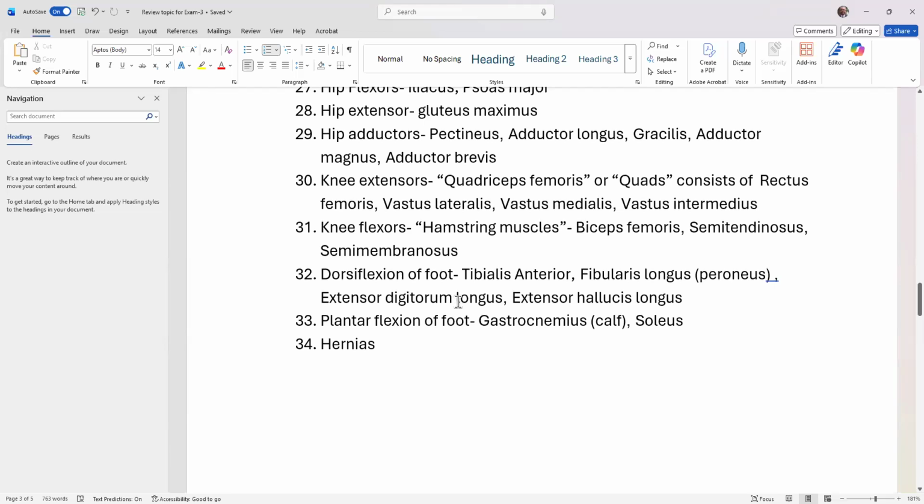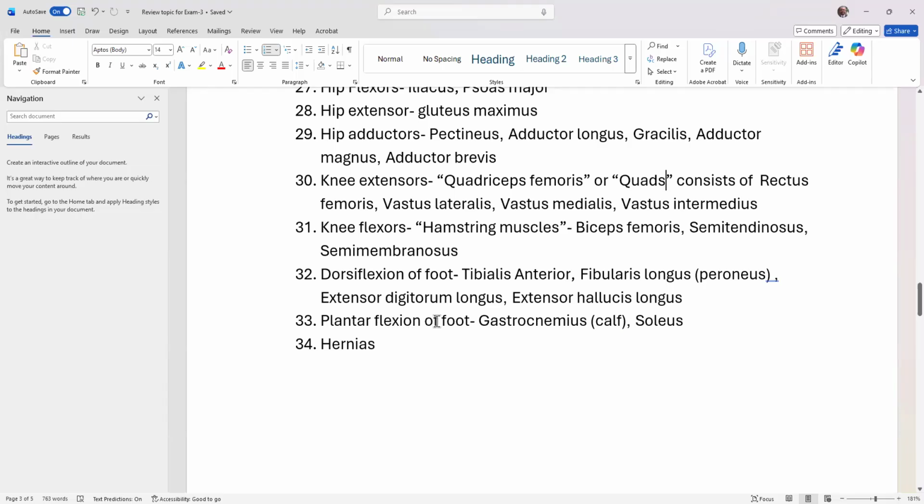You should know what is the dorsiflexion of the foot, and what is plantar flexion of the foot. The muscles which cause dorsiflexion are tibialis anterior, fibularis longus, which is also known as peroneus, extensor digitorum longus, and extensor hallucis longus, which is the extensor of the big toe.